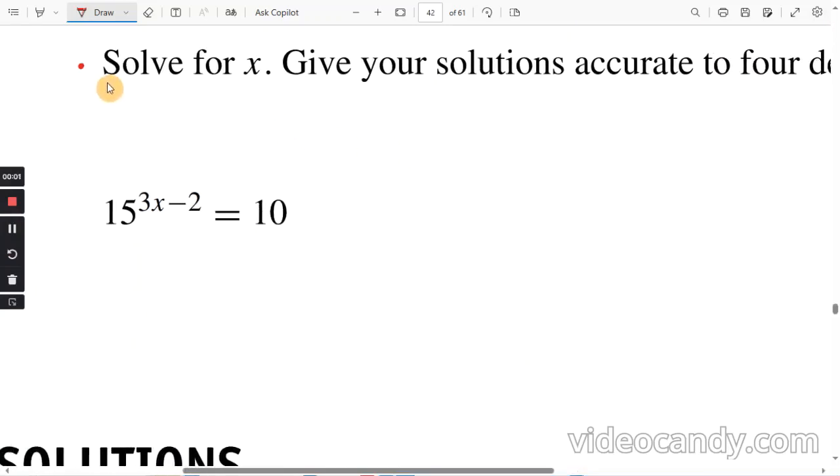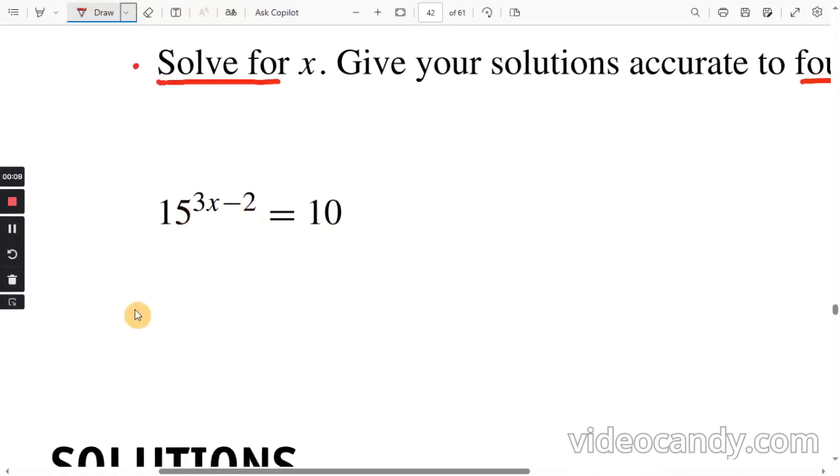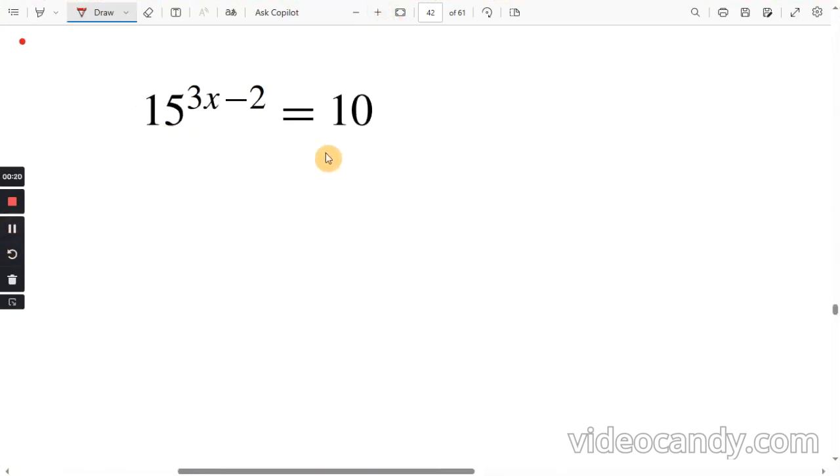All right, so right here, they want us to solve for x and give your solutions accurate to 4 decimal places. Please pause and try this problem. You can use log or natural log on both sides, but I think the simplest thing to do, since we have a base of 15, is to use log base 15.